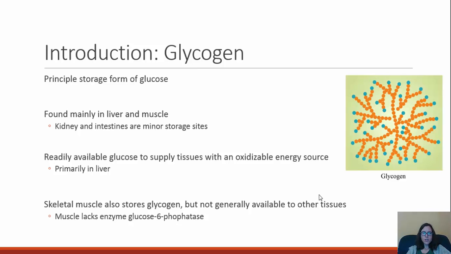So skeletal muscles also store glycogen, but they're lacking the enzyme glucose 6-phosphatase. So they're not able to really convert the glucose that's locked up in glycogen into a free glucose that's available for other tissues. Rather, the muscle needs to utilize the energy of glucose 6P directly. And we're going to talk a lot more about that.